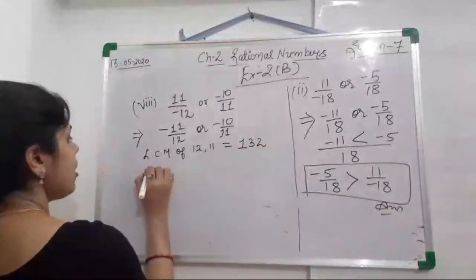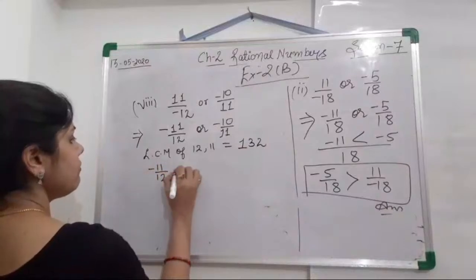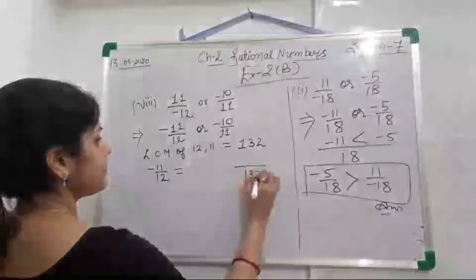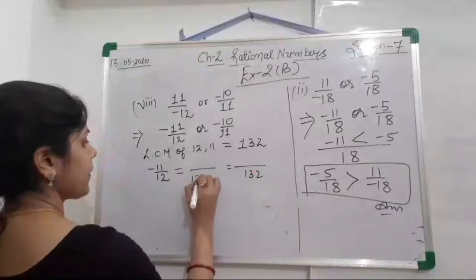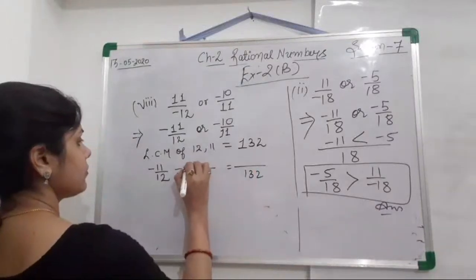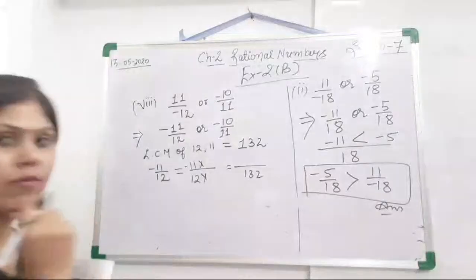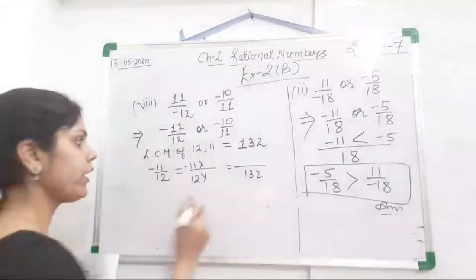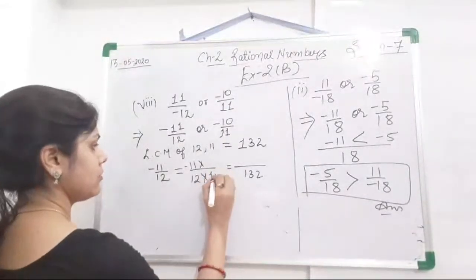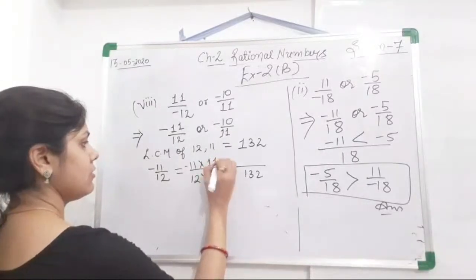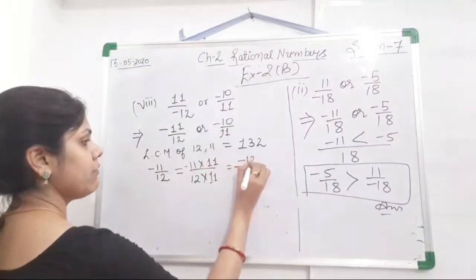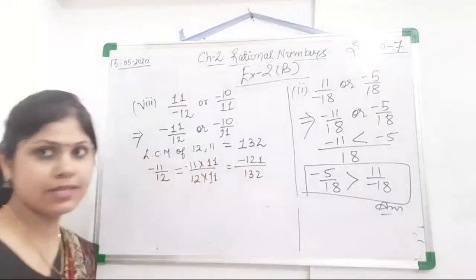Now, minus 11 upon 12 can be written as, in 12, what will you multiply to get 132? 11. Similarly, 11 elevens are 121 with a negative sign because 11 is negative.